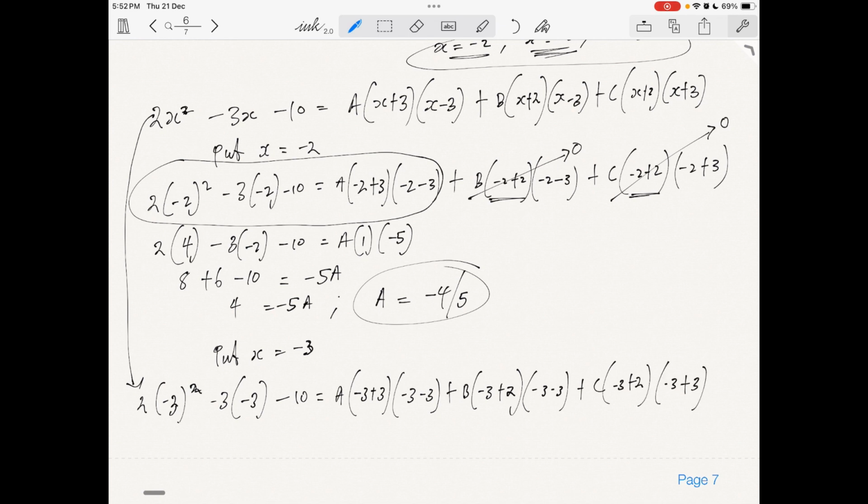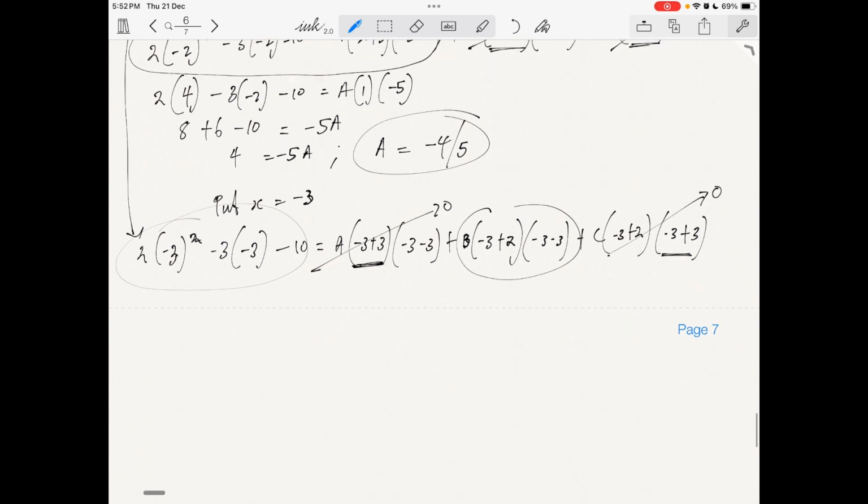Now minus 3 plus 3 will turn it to 0, and this also, minus 3 plus 3 will turn it to 0. So this cancels out to 0, this cancels out to 0, and we are left with this and this.